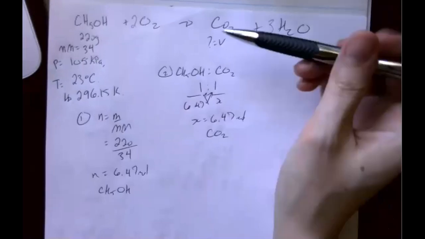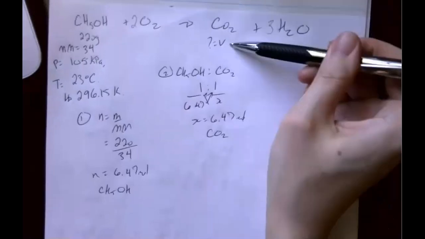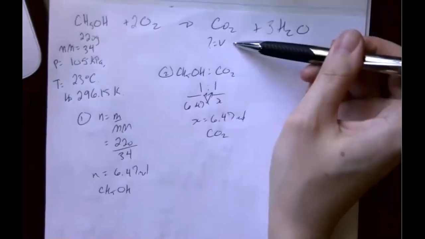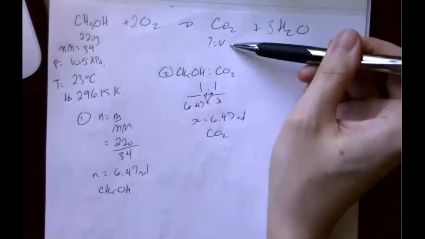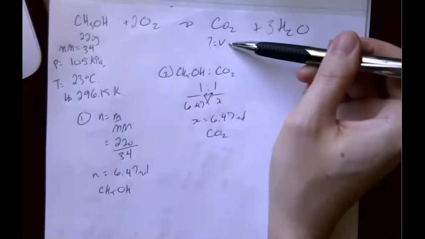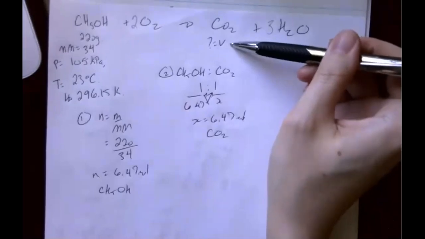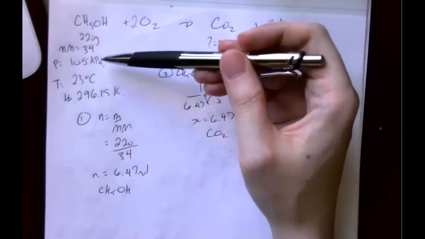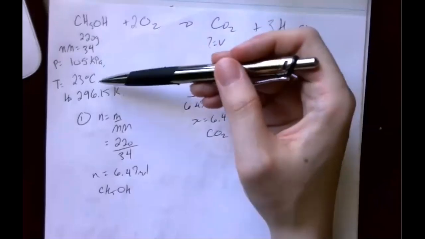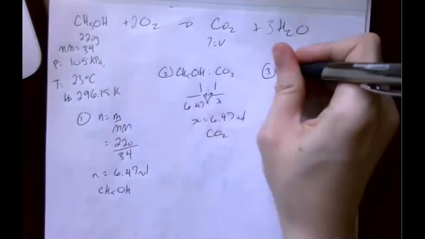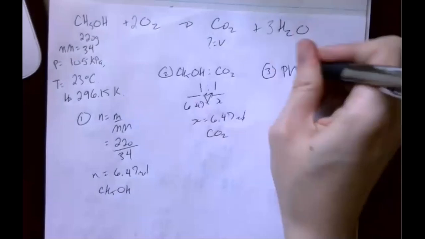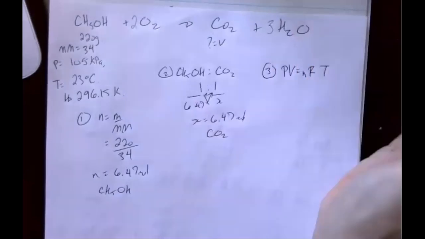The only difference here is that instead of asking for mass, it's asking for volume. Because it's not asking for mass, I cannot use moles equals mass over molar mass. And because it's asking for volume, and yet I was not given concentration, I cannot use C equals n over V. So instead, I'm going to take a clue from the fact that I was given pressure and temperature and try using PV equals nRT, my ideal gas law.